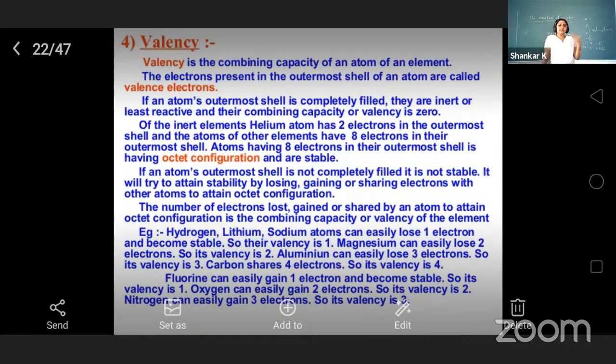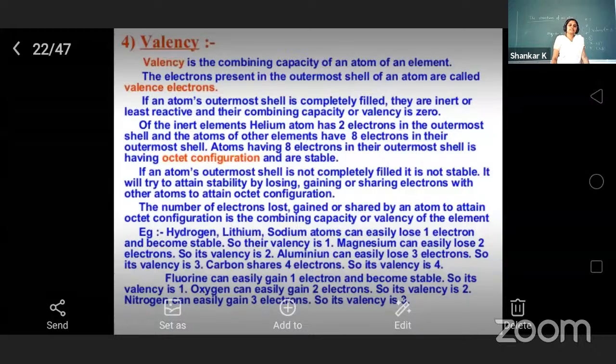Like that, elements with 3 or 4 outermost electrons lose 3 or 4 electrons. When the outermost number becomes 5, what do we do?